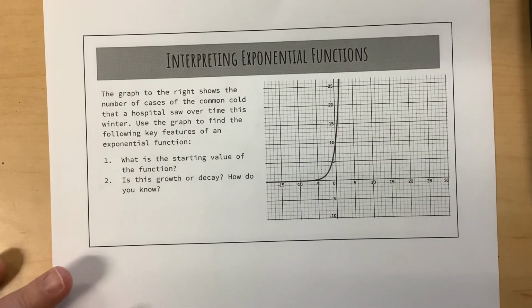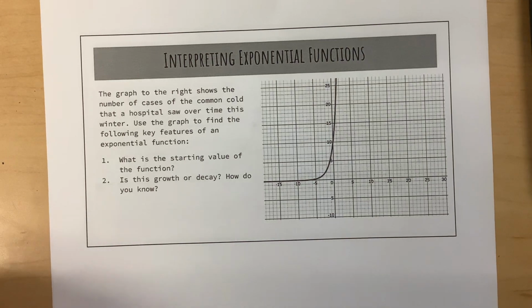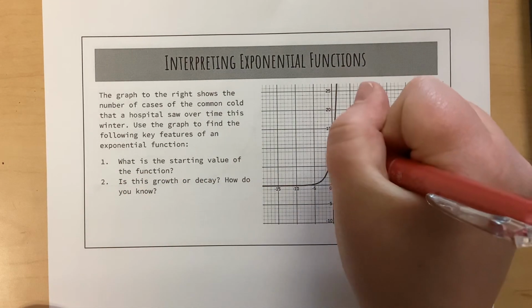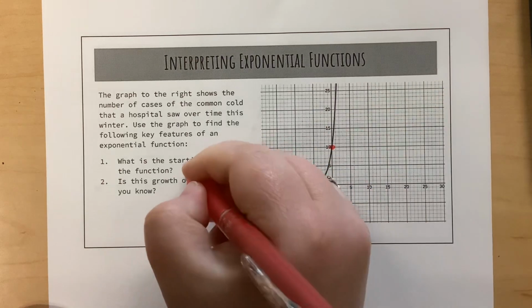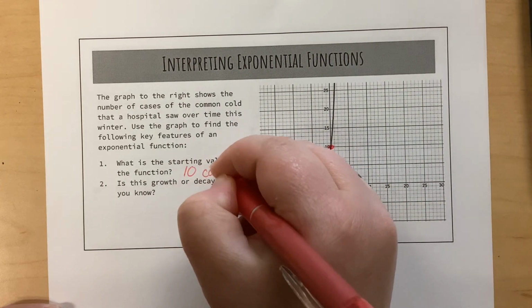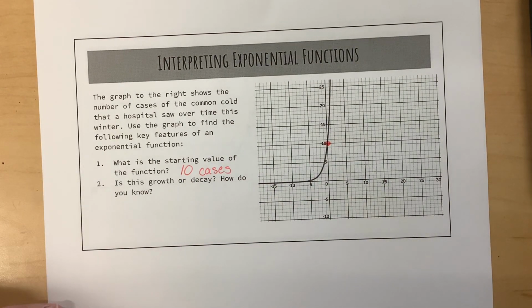The graph to the right shows the number of cases of the common cold that a hospital saw over time this winter. Use the graph to find the following key features. Okay, so what is the starting value of the function? It is right here at 10, which means when they first started keeping track of the number of cases of the common cold, it was 10 cases. Okay, so that's right at the beginning.